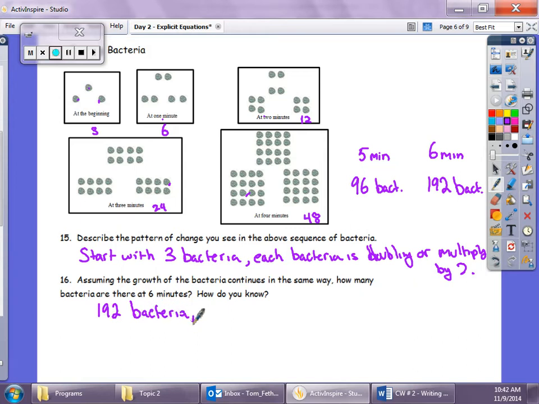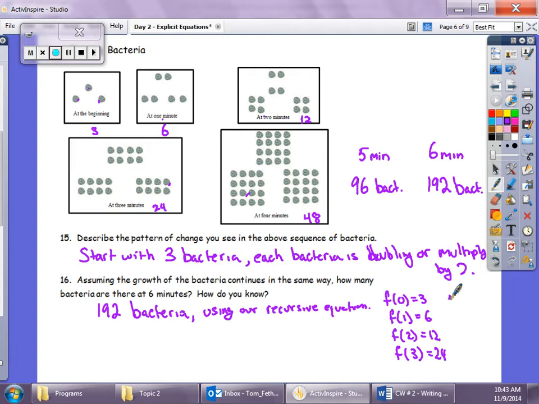How do you know? Well, what we did is using our recursive equation, basically we know that f of 0 equals 3, f of 1 equals 6, f of 2 equals 12, f of 3 is 24, f of 4 is 48, f of 5 is 96, and f of 6 is 192.